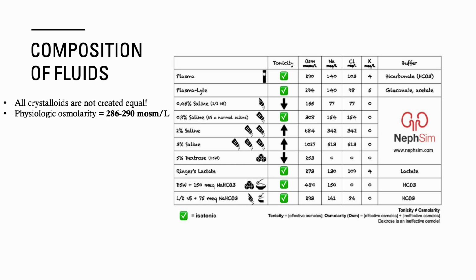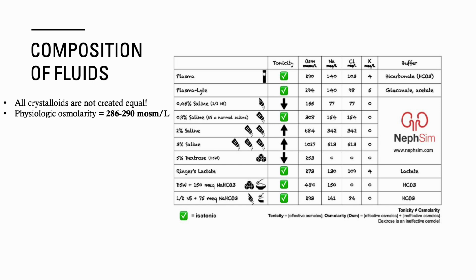So the top line here shows plasma with an osmolarity of about 290, and the chloride concentration is somewhere about 103, potassium is somewhere around 4, and then our natural buffer system is due to bicarbonate that's in the blood.